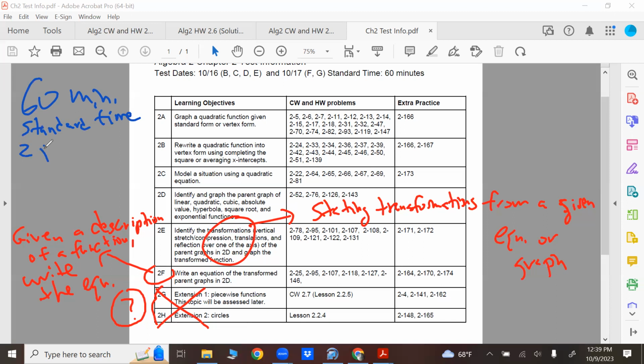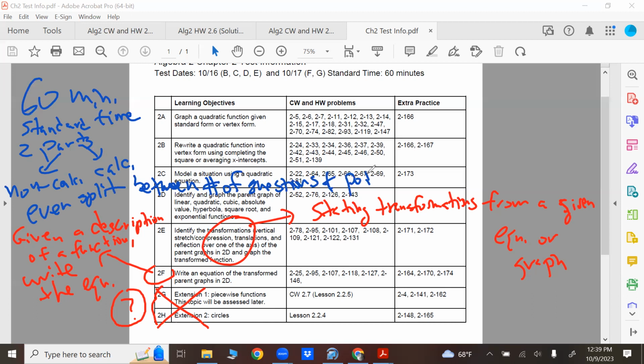There'll be 2 parts: non-calc, and calc. And it'll be an even split between number of questions and point values. So they're gonna be weighted equally.